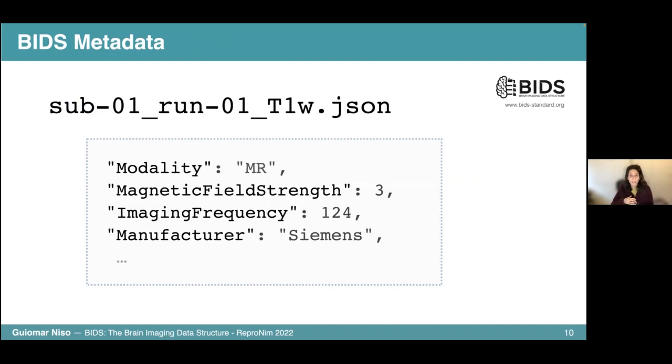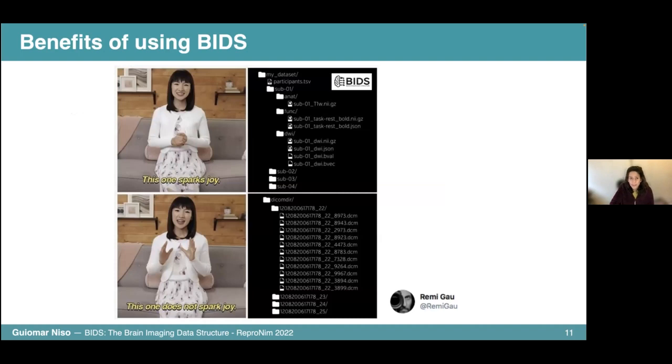For example, this is an example of a JSON file for a T1W, which contains some specific fields defined in the BIDS specification. For example, the modality, the magnetic field strength, the imaging frequency. So welcome to the Marie Kondo of neuroimaging data.